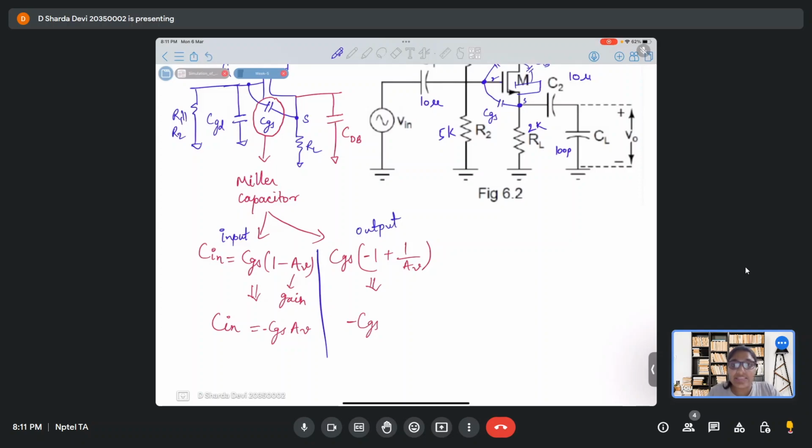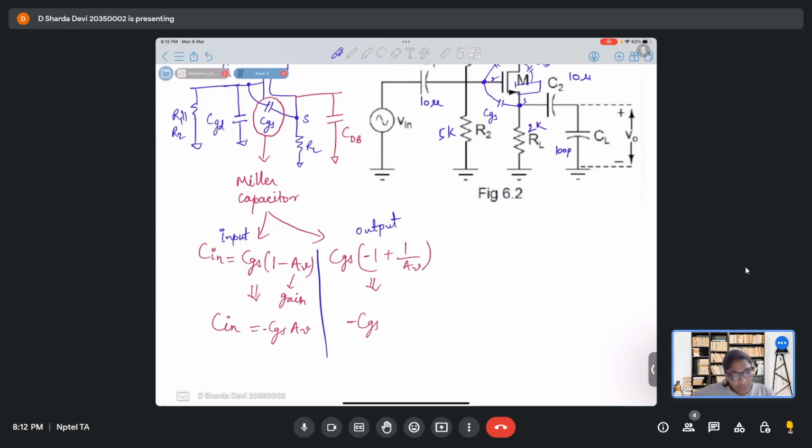So this is the issue that appears with Miller cap, and that's why we cannot neglect this Miller capacitor, because it will become a very huge capacitance when it gets multiplied with the gain, right? Did you understand this? That's why it is very important to analyze these Miller capacitances.